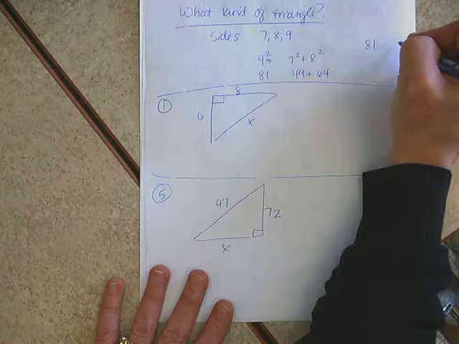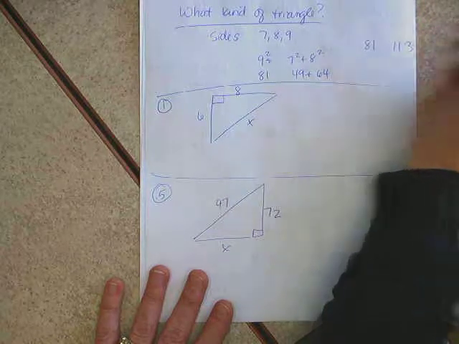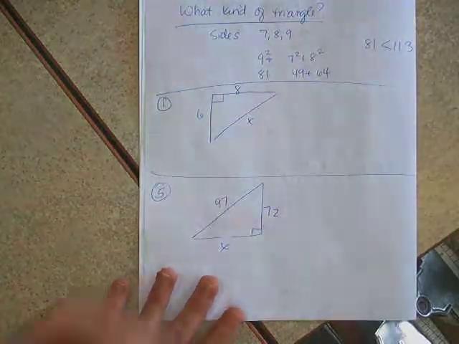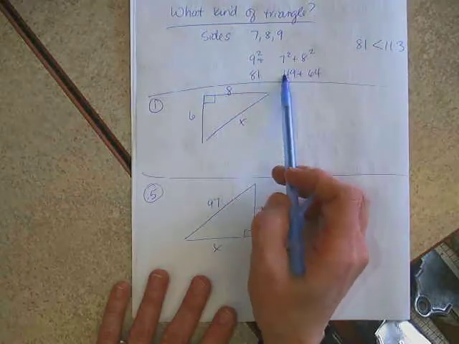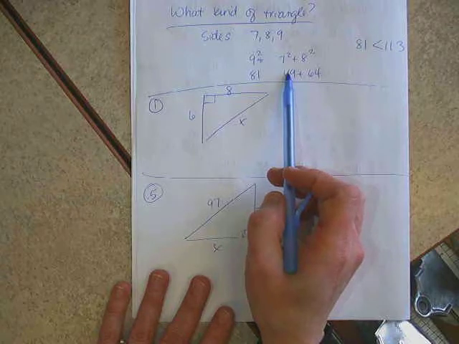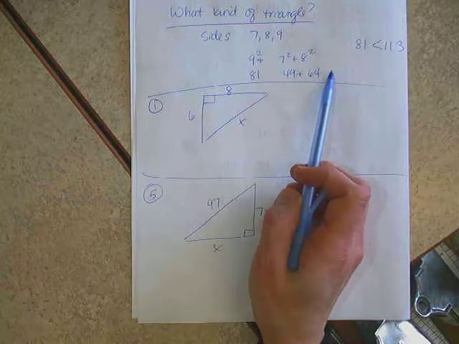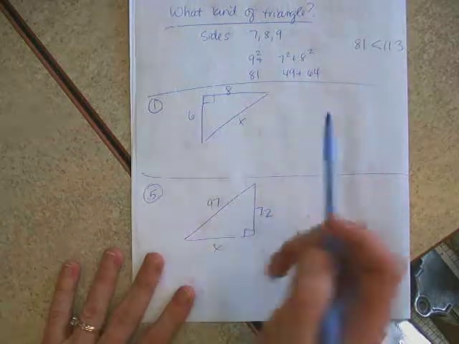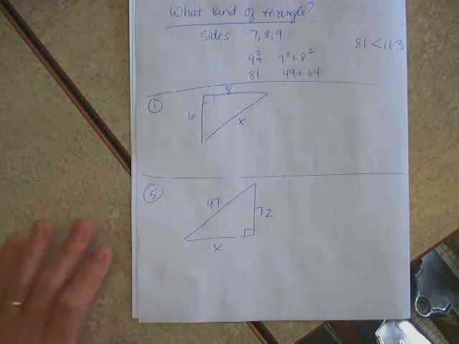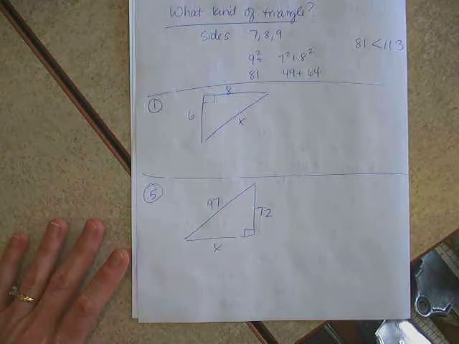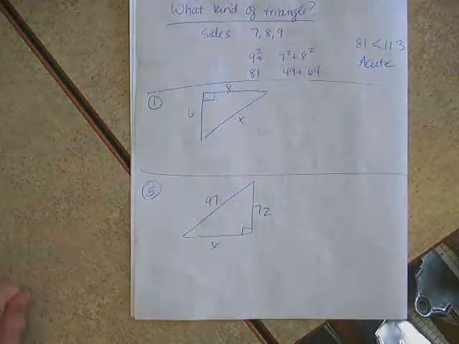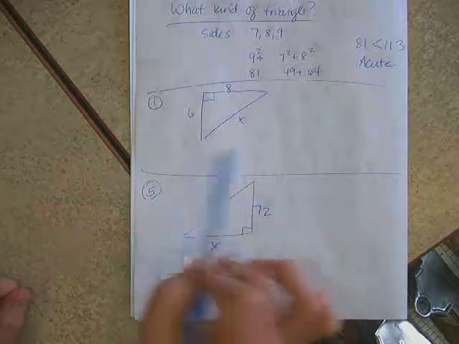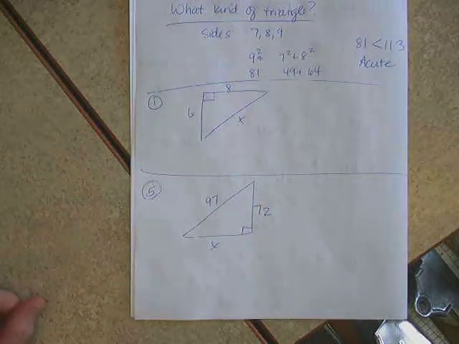That's bigger than 81, but you'd have 81 and 113. Anyways, it's less. But remember, occasionally I see people that only look at 81 compared to the first number, but you're comparing it to the sum, not the first number. So what type would that be? Acute.